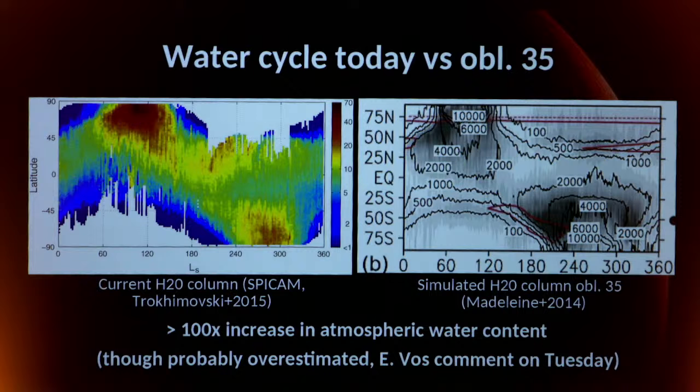Of course, this is probably overestimated. We have seen that in the talk by François Forget and in the talk by Aaron Boss. So this is maybe not as intense as it is here, but we expect to have a more intense water cycle for high obliquity anyway.